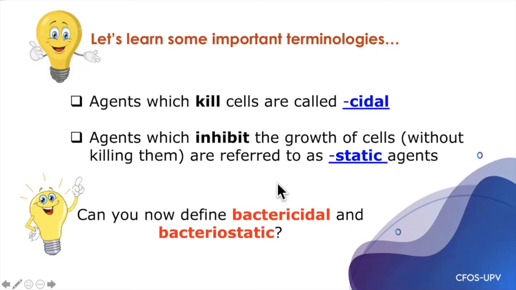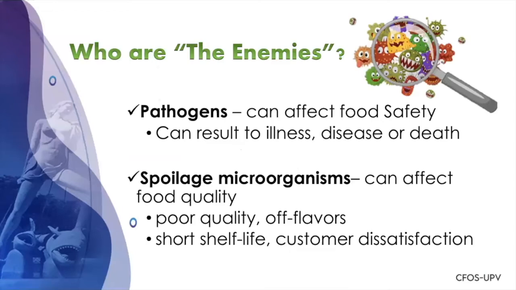So now you can appreciate the value of the previous slide, and you can define bactericidal and bacteriostatic. So who are our enemies? Our enemies are the pathogens, which affect our safety, and the spoilage microorganisms, which affect the quality of our products.